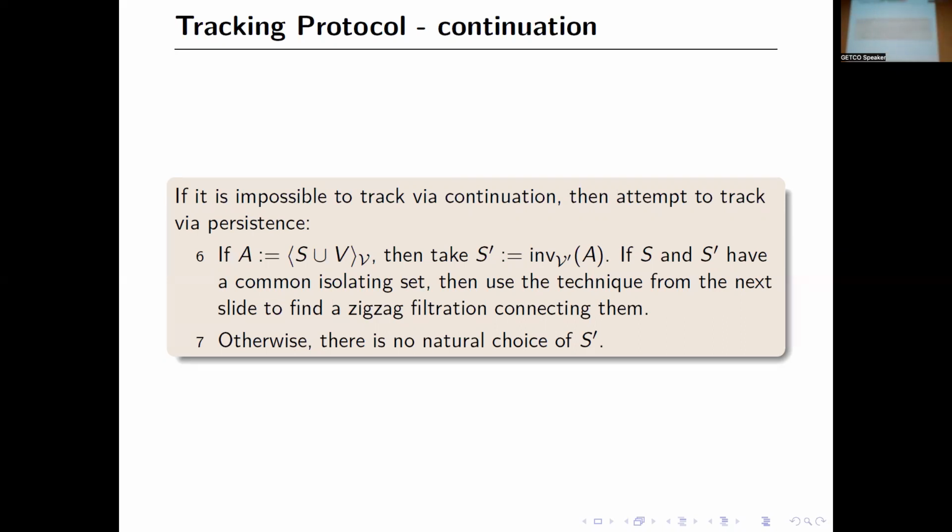But we can still sometimes construct an isolating set for our isolated invariant set that is still an isolated invariant set in the following multivector field.